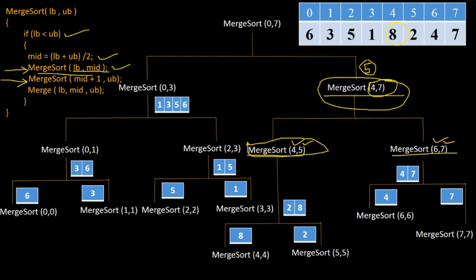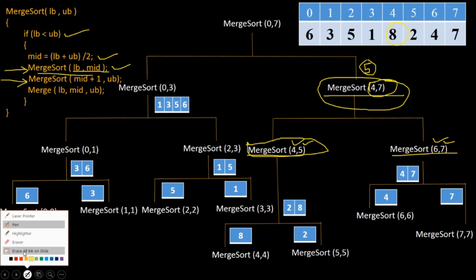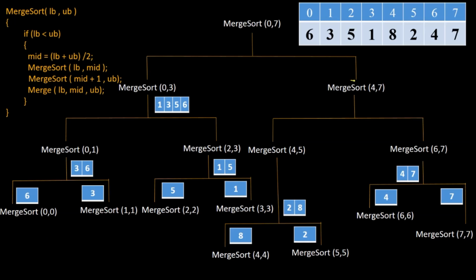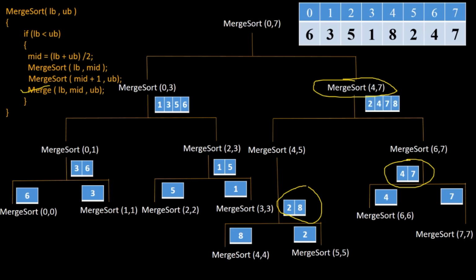Now for this particular function, I will erase all these things so that it will be helpful to understand. Now this function has also completed its working. Only thing remaining is merge. When this line is executed, this 2 and 8 and 4 and 7 will be merged into a single sorted array, that is 2 4 7 8.